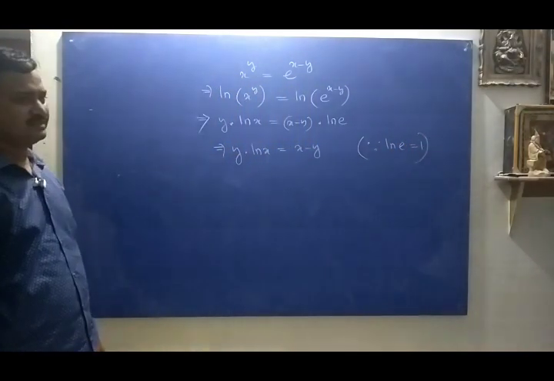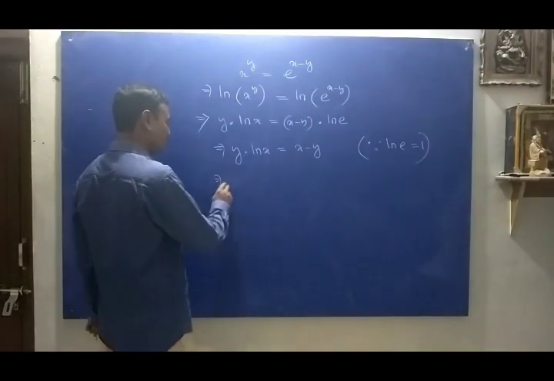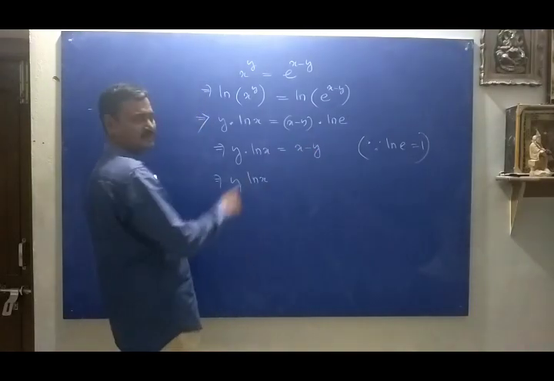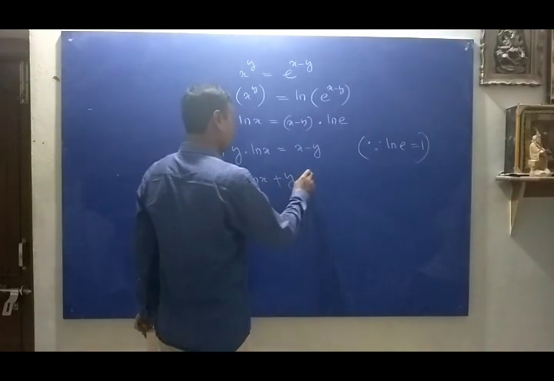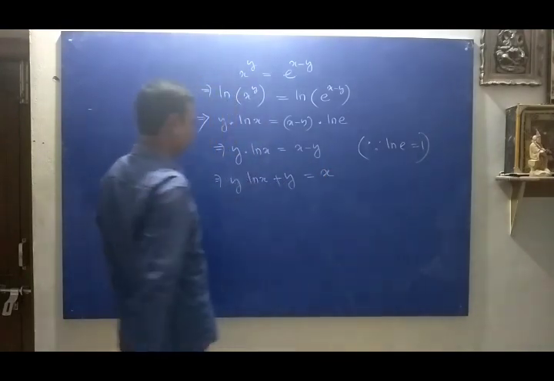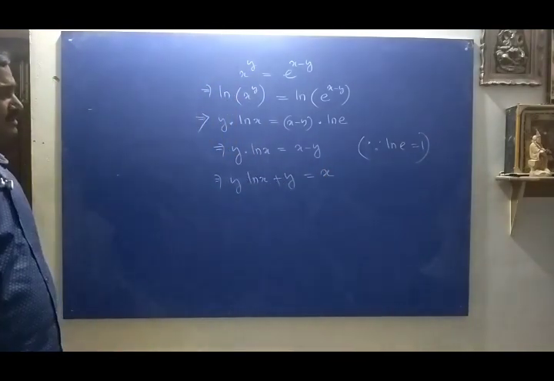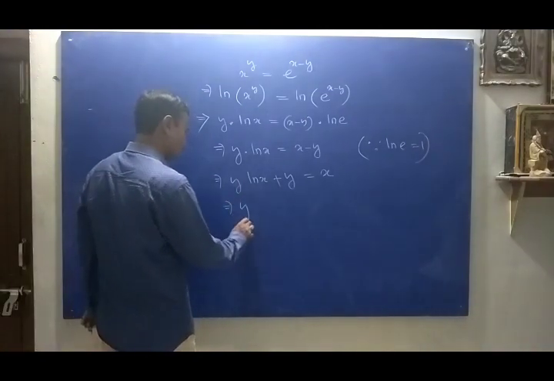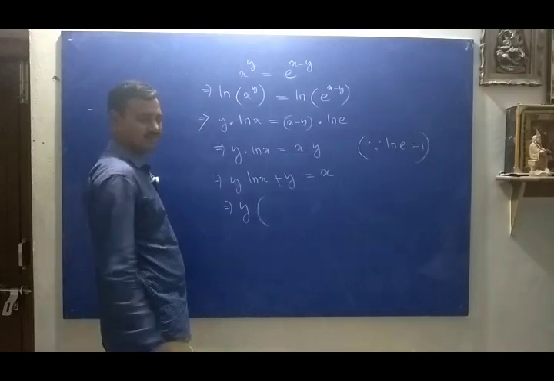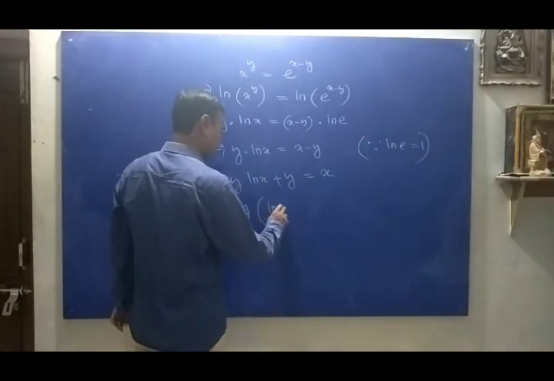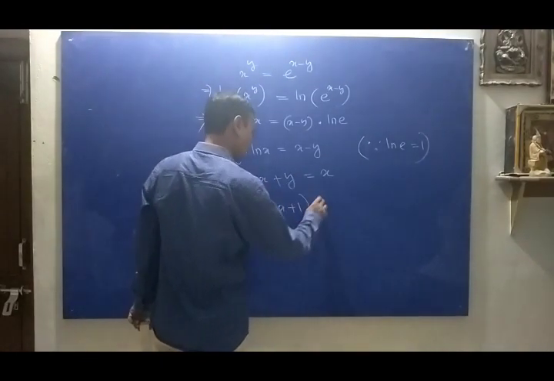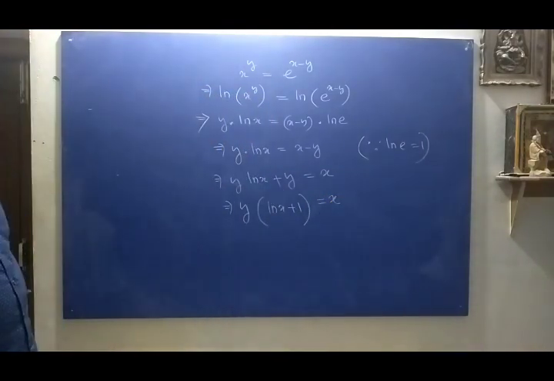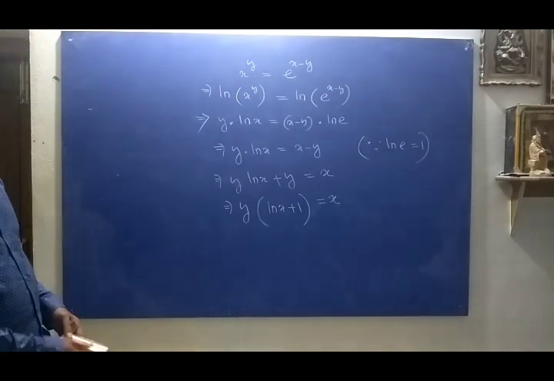So this implies y into ln x plus y is equal to x, taking the left hand side term across. So take y as common: y into ln of x plus 1 is equal to x.